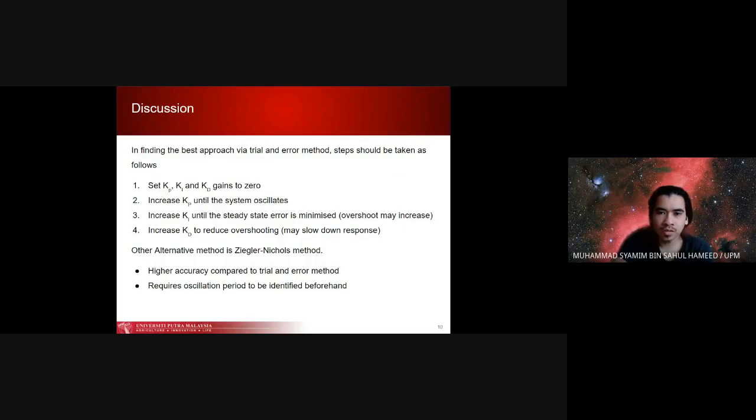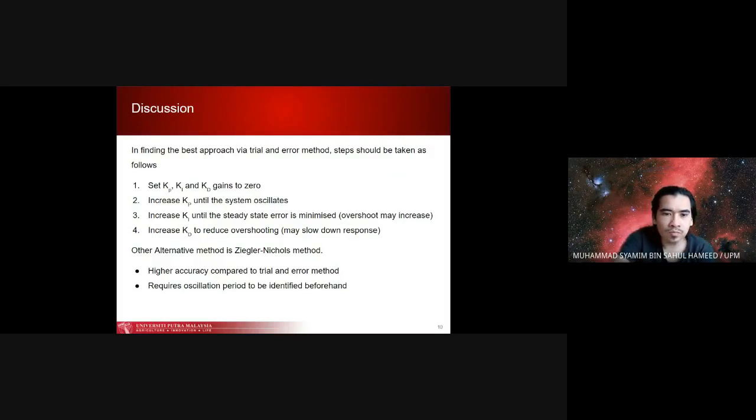As for the discussion, the first thing that we're going to discuss is to observe and analyze the trial and error method to find the best way to approach this technique. First, we set all the gains to 0, and then we increase the proportional gain until the system oscillates.